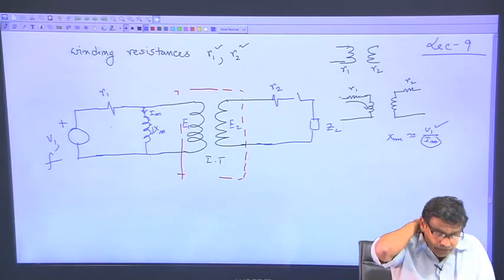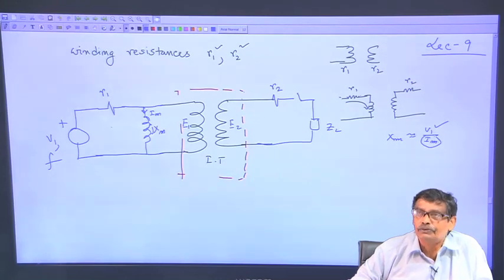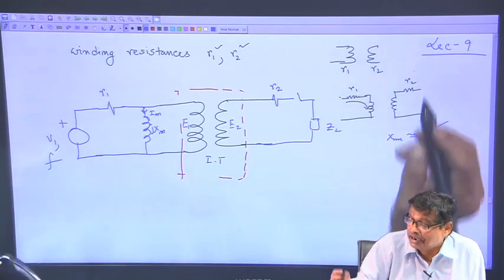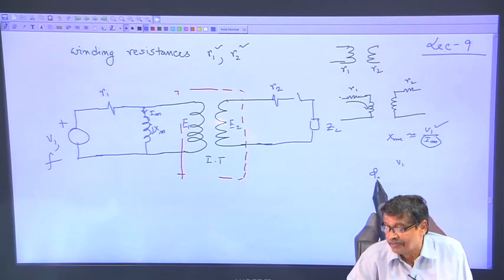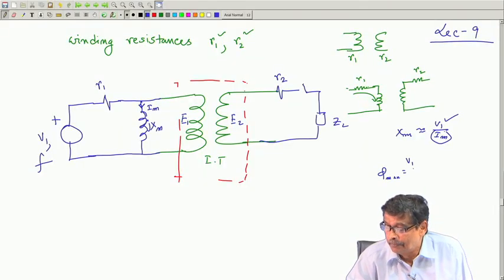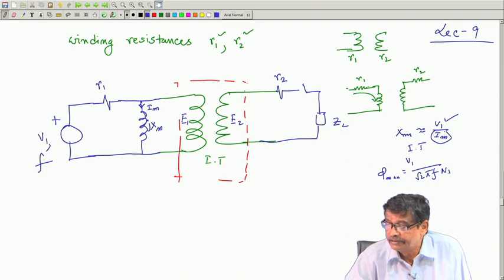Therefore, the magnitude of the voltage applied to this ideal transformer will not remain constant, as we were thinking in case of an ideal transformer. I was telling the level of flux phi max is equal to applied voltage divided by root 2 pi f into n 1, and if applied voltage and frequency are constant, phi max gets decided.